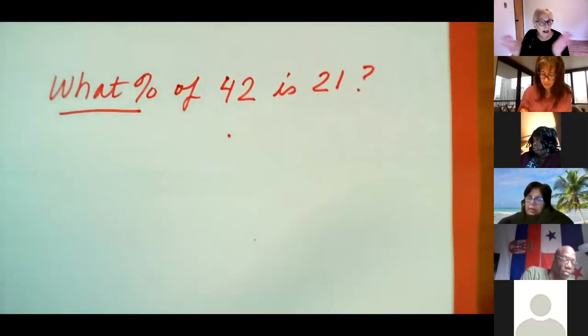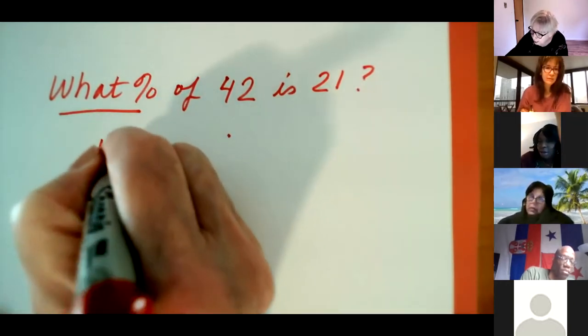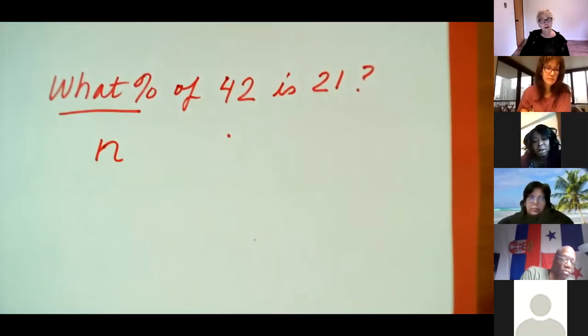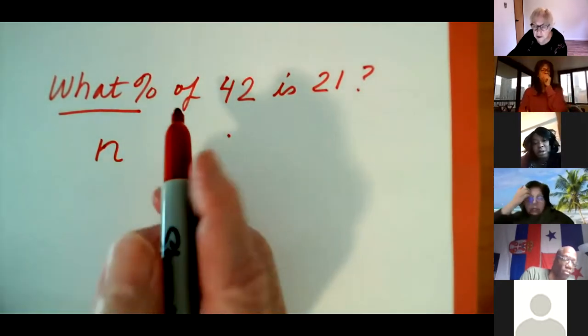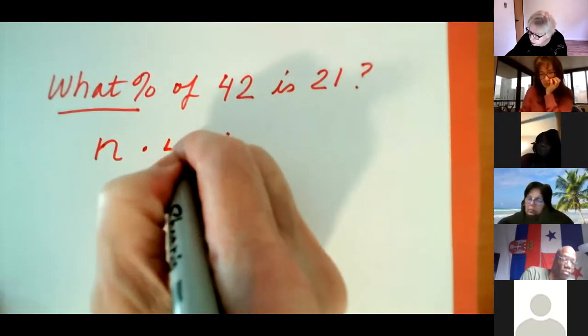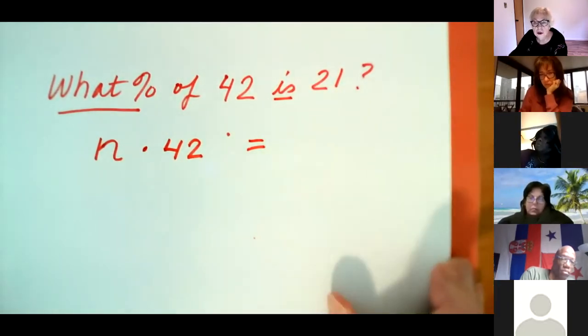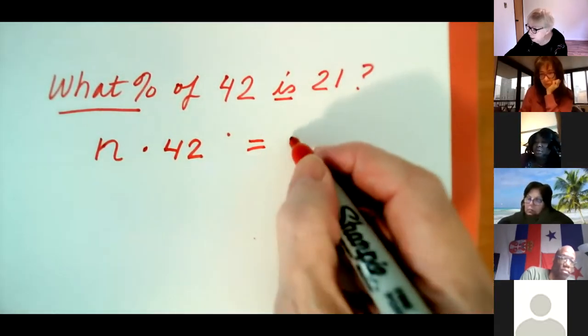Clearly, I need my answer as a percent, but I don't know what it is. And so I'm going to call that N. I usually use X, but I'm going to do N for a while. The word of is multiply. 42 is 42. Is equals. 21 is 21.